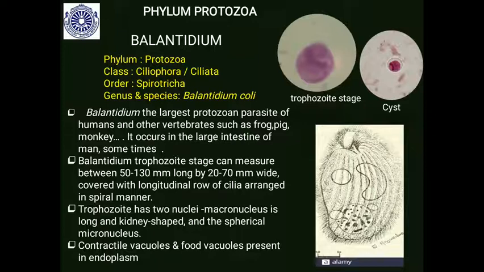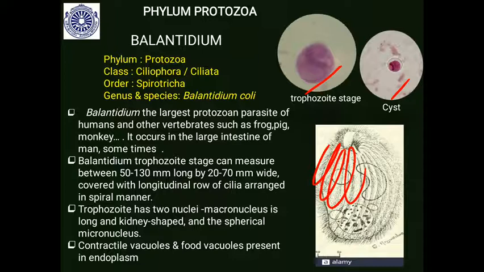Spirotricha means spiral; you will find the ciliary tracks are spiral tracks. We cannot identify the cilia under the compound microscope we use. This is a trophozoite stage, and this is the cyst stage, how it looks.